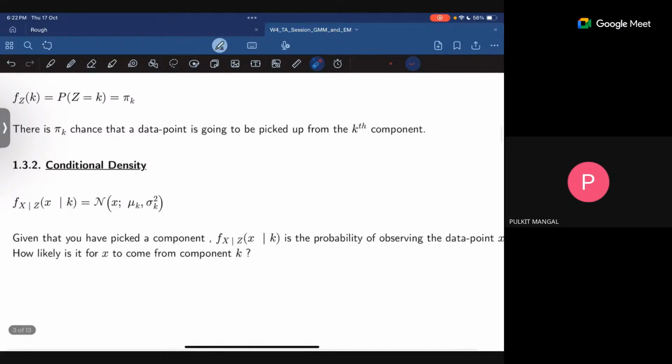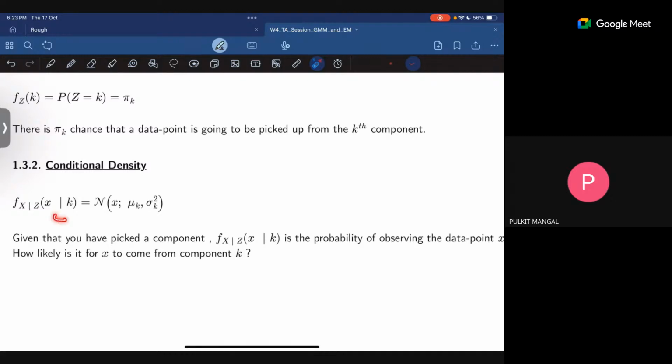Now the conditional density part. Given that you have chosen your component, the next step is to sample your data point from that component, because we have a Gaussian distribution for each component.